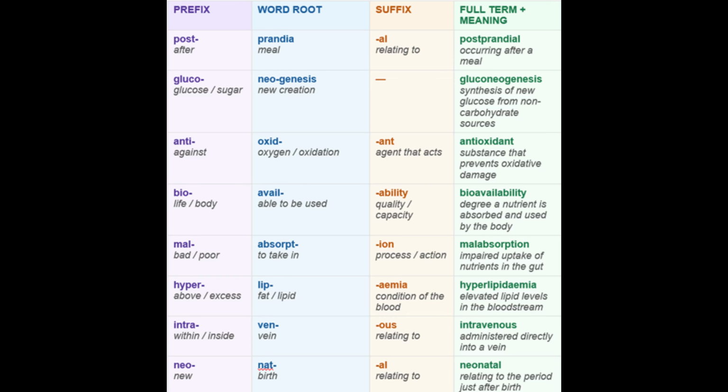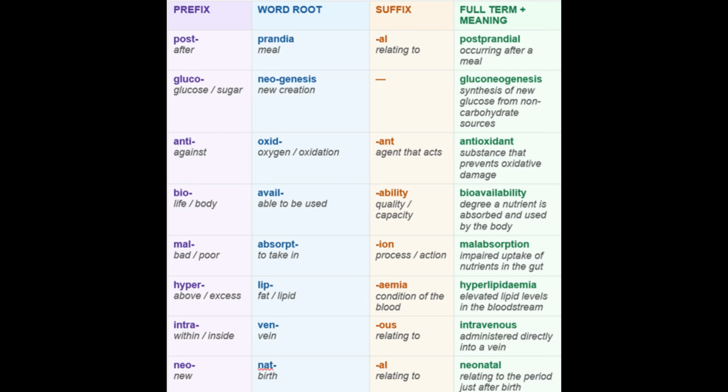Another important term is antioxidant. The prefix anti means against. The root oxid relates to oxidation, and the suffix ant refers to an agent that acts. So an antioxidant is a substance that prevents oxidative damage.